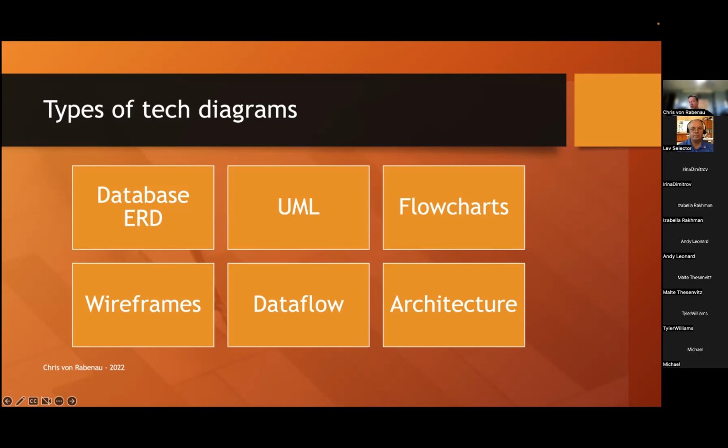And data flow is another classic diagram methodology. Here the data comes in, these ETL processes happen, and now we get to this end result. And then also architecture. We draw architectural diagrams, so what does a diagram look like for a Google Cloud instance, for example.